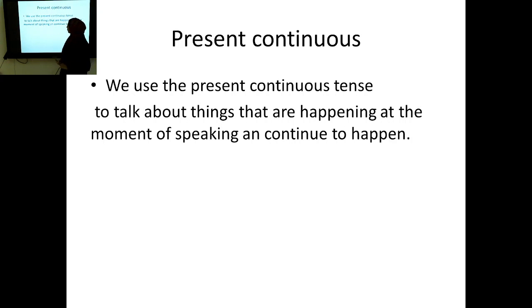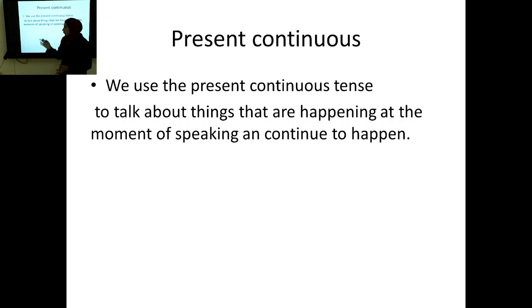Yes, okay, thank you. First of all, we have to talk about the function or the use of the present continuous tense. We use the present continuous tense to talk about things that are happening at the moment of speaking and continue to happen.